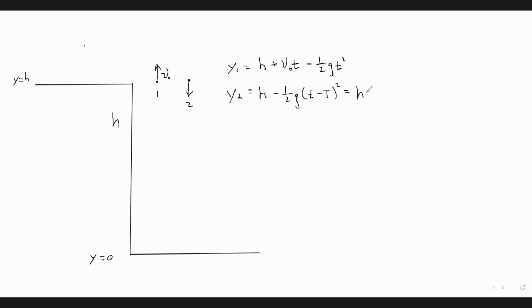So this is h minus 1/2 gt squared minus 1/2 g capital T squared plus g little t times big T. The 1/2 goes away, because when we expand this out, we get minus 2 times little t big T.